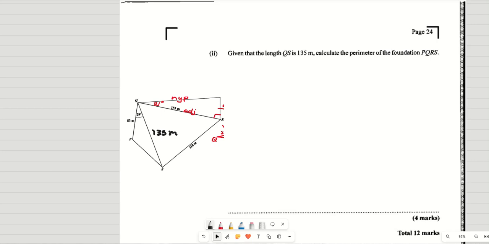Now, to get the perimeter of PQRS, we need PS, right? If we need PS, that means we need to find this side here. This is not a 90 degree triangle, so immediately it's either cosine rule or sine rule.